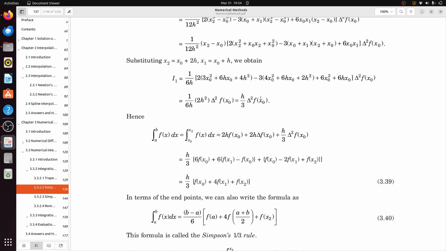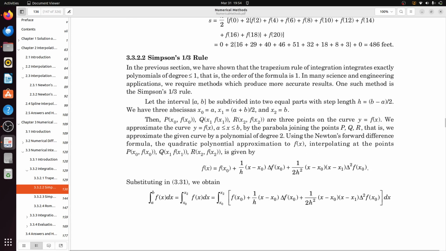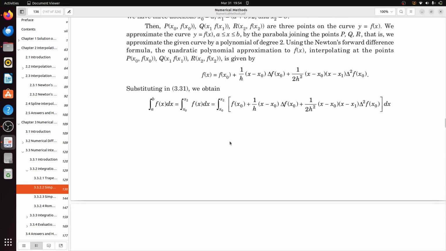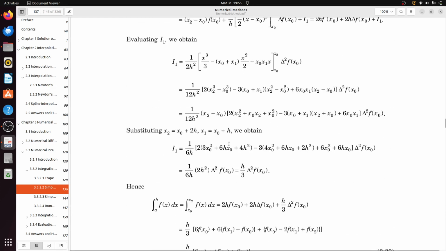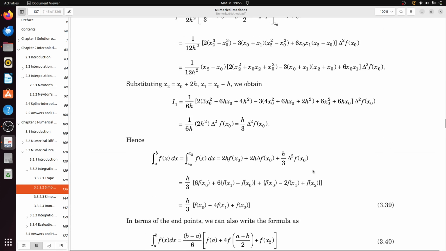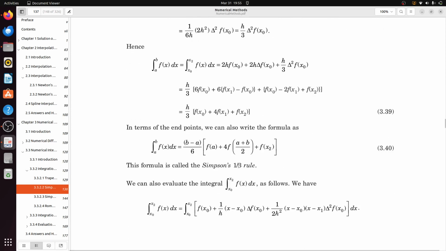Simpson's 1/3 rule says, Simpson's 1/3 rule will give you answer correct up to polynomials of degree up to 3, order 3. Cubic polynomial की तब के लिए वो it gives. I think this is the most utilized Simpson's 1/3 rule. So what does it call?